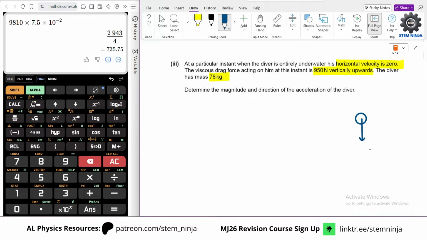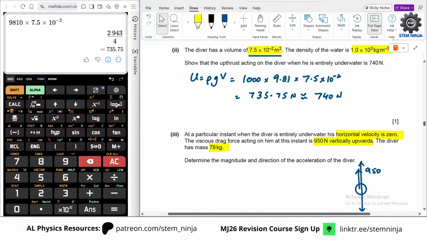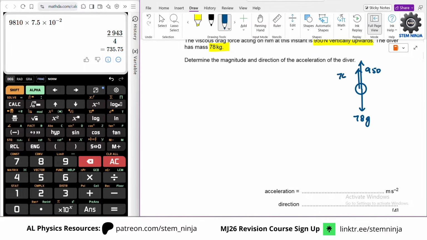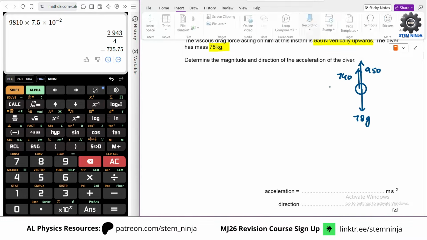The weight is 78g. The viscous drag force is vertically upwards, 950. This is the drag force, and this is the upthrust. Upthrust was 740. So we need to figure out the direction of the acceleration.